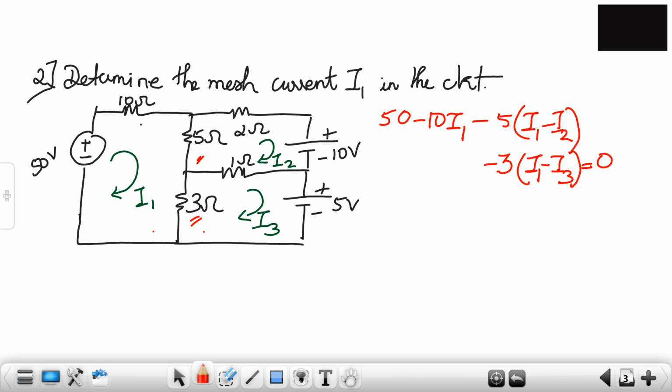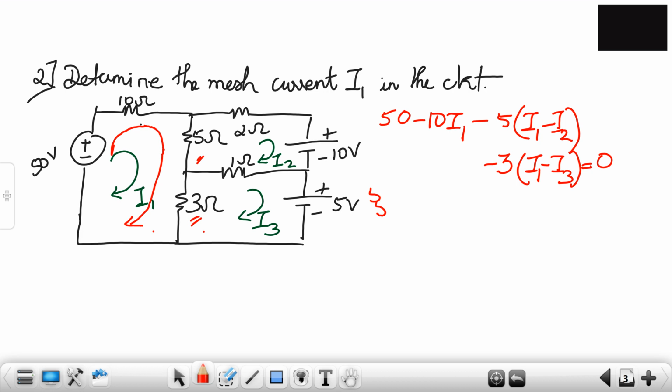Again I am repeating, it is 50 volts minus 10 I1 minus 5 times I1 minus I2 minus 3 times I1 minus I3. Since we are following the direction of current, we have given these minus signs. Okay, so let's open up.